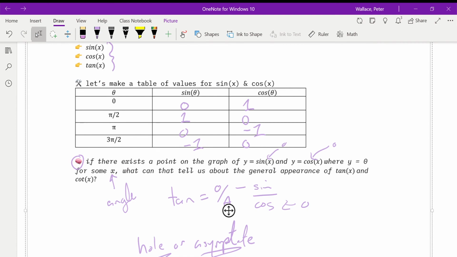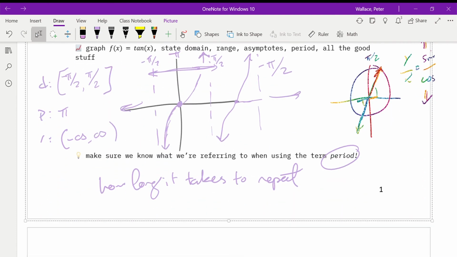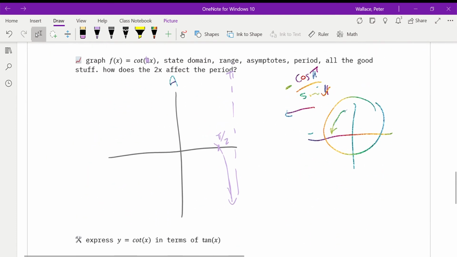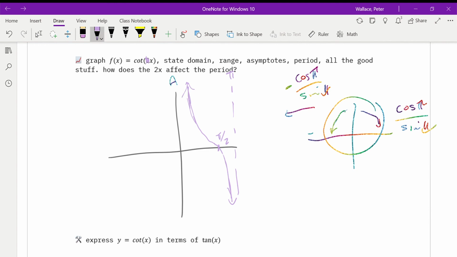So when we're getting close to 0, going in this direction, our cosine is getting bigger, and our sine is getting smaller, and they're both in the positive direction, so it should be really big in the positive direction. So again, big magnitude, but in the positive direction. So that should look a lot like our tangent graph.